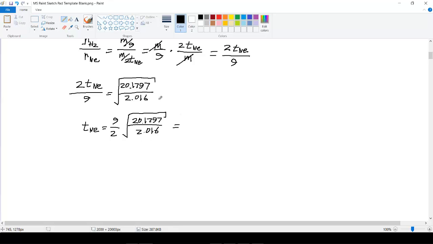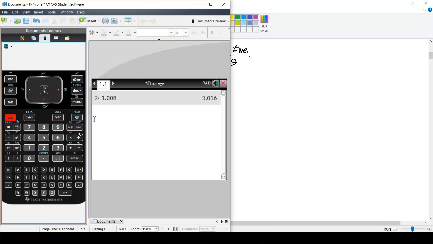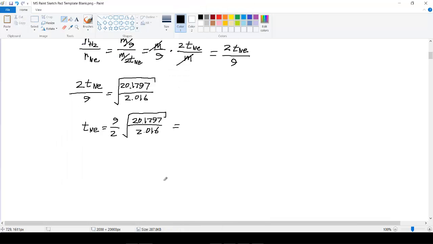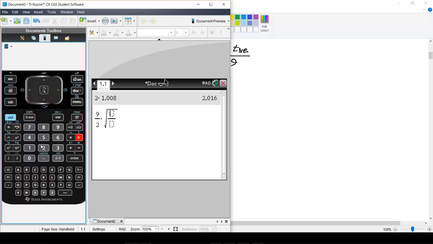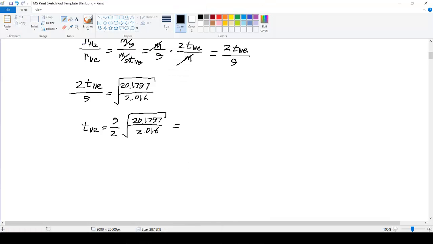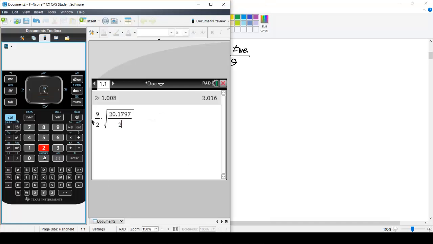And I'm going to put this in a calculator. So it will be 9 over 2 times the square root of a fraction, 20.1797 over 2.016.